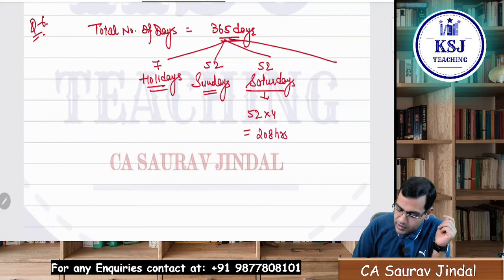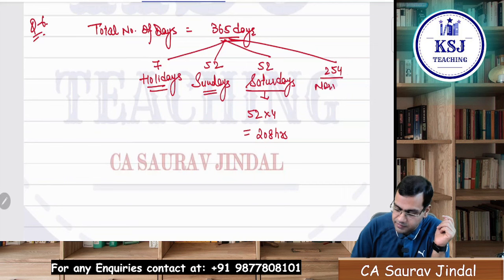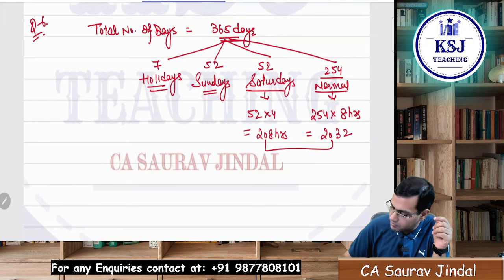Sir, what about the remaining number of days? 365 minus 7 minus 52 minus 52, that is 254 days of normal working. That will be 254 days into 8 hours, as the machinery will be working for 8 hours. That is 2032. So the total number of hours is 2032 plus 208, which is 2240.